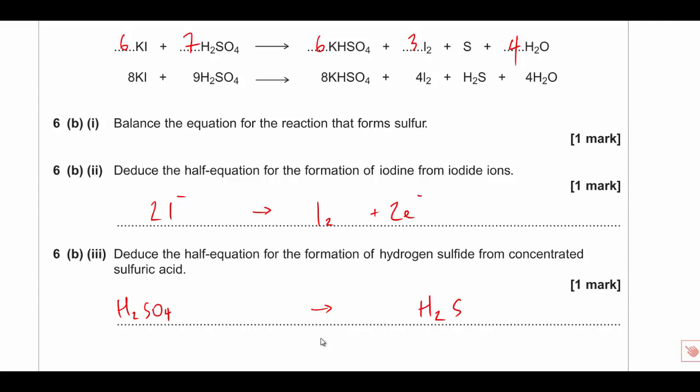Let's balance the oxygens first. 4 H2Os. We've got 8, 9, 10. So we're going to need 8 H+ to balance it up and 8 electrons to balance the charges. 1 more mark. 8 H+, 8 electrons, H2S and 4 H2O, fine.